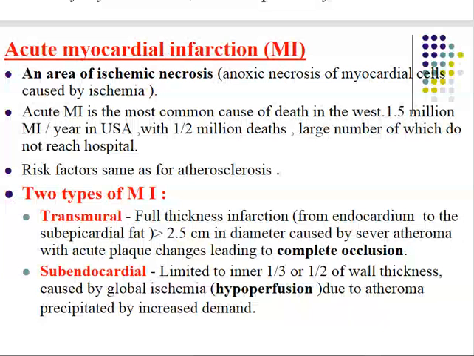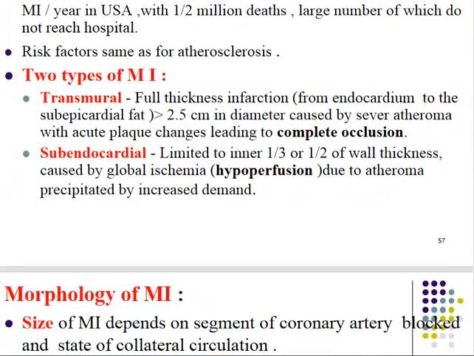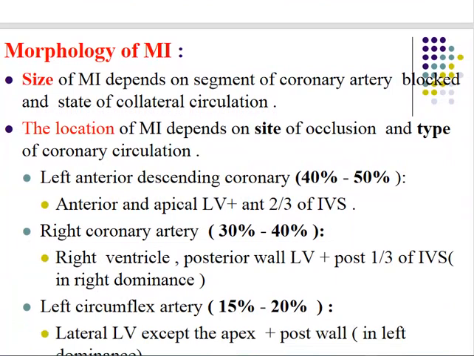There is hypoperfusion due to atheroma, precipitated by increased demand, like that which occurs with exercise. With exercise, there's an increase in demand, and so there's a global process involving the entire myocardium, not a focal one like that of the transmural type under the influence of occlusion, but hypoperfusion that occurs in the entire myocardium, resulting in necrosis of limited wall thickness, including either the inner half or inner third.